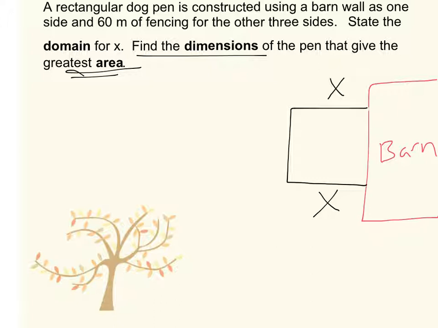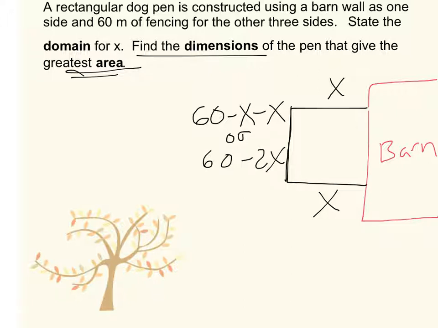For this 3rd side right here, the length, if we had 60 meters to begin with, and we build one side that's x, and we build another side that is x, whatever is left over is what we can use to build the 3rd remaining side. If I wanted to simplify it, that would be 60 minus 2x.